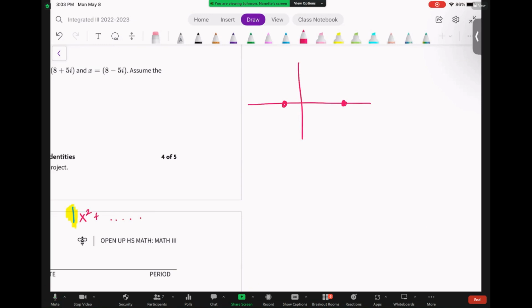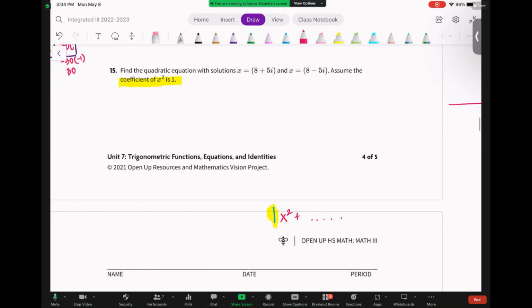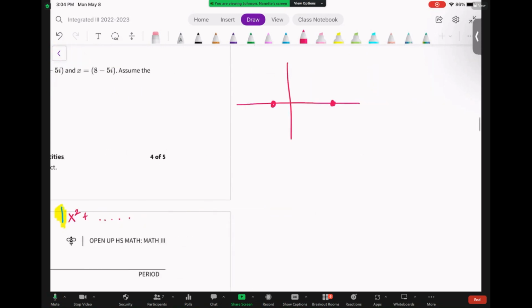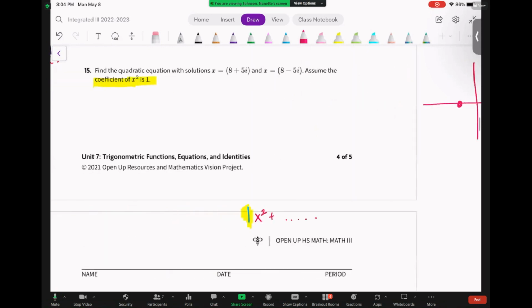Well, there's not only one parabola that goes through there. Technically, there's an infinite number of parabolas that go through those two points, right? So the reason why they tell us the coefficient is 1 is because now you're not finding a parabola, you're finding the parabola that meets all of these constraints.